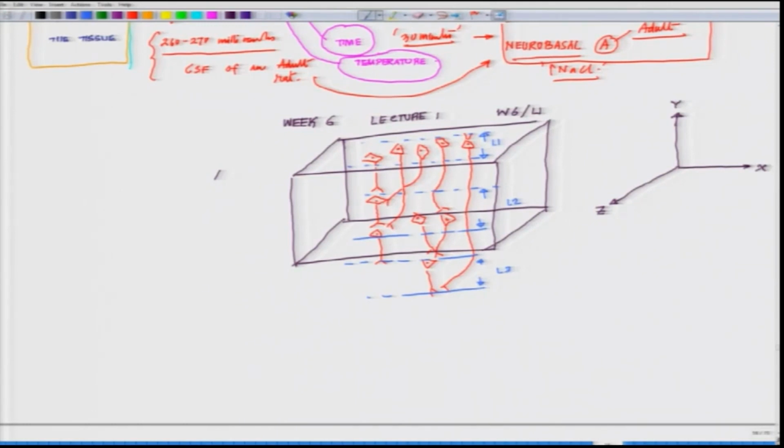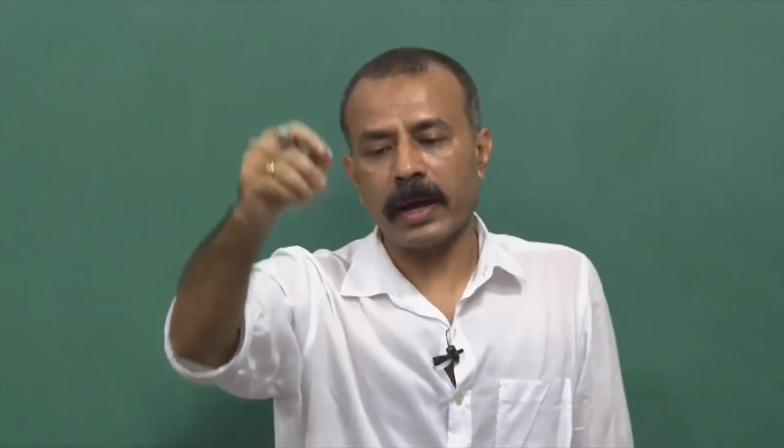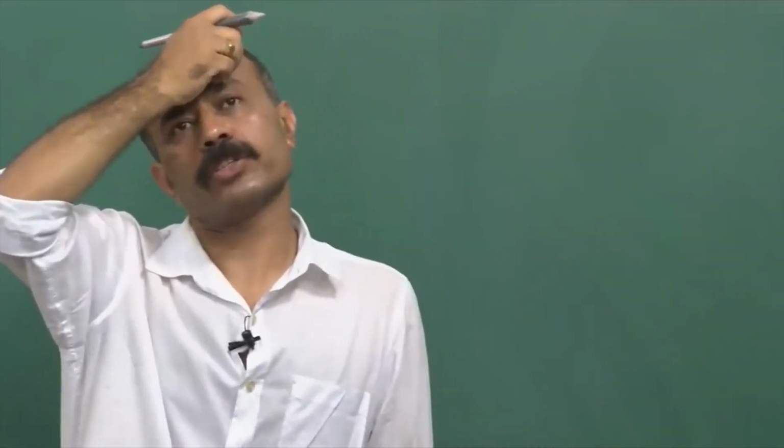So, now we do not have any control, if we talk about a network, over whether layer 1 is interacting with layer 3, or layer 1 is interacting with layer 2, as well as layer 1 is interacting with both layer 2 and layer 3. So, there are different kinds of layering and connectivities which are happening in a three-dimensional network.